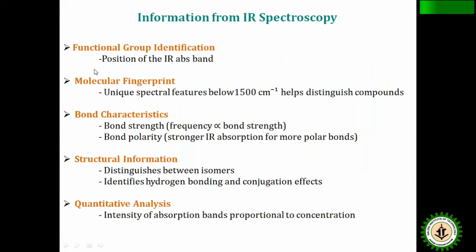So, the final takeaway is which information we can have from IR spectroscopy. From the position of the IR absorption bands, we can identify specific bonds or functional groups present in the molecule.